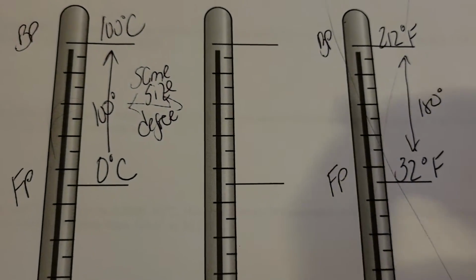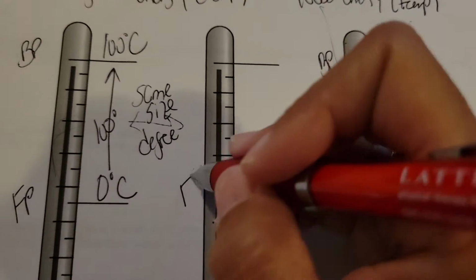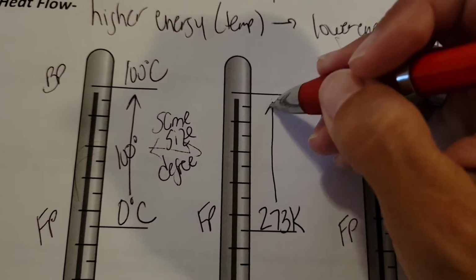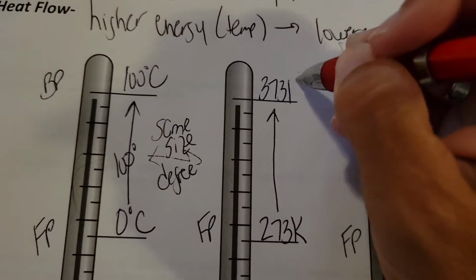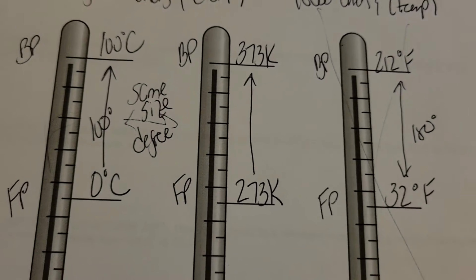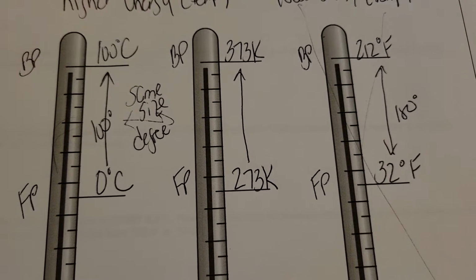So freezing point is going to be 273 K, and we don't use the little degree symbol. And then 100 more, it's 373 Kelvin for our boiling point. So those are our freezing points and boiling points for the 3 different temperature scales.